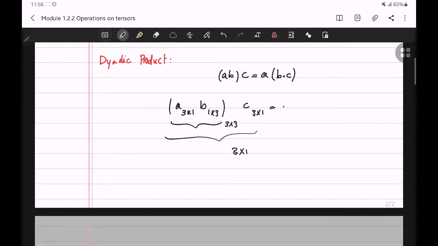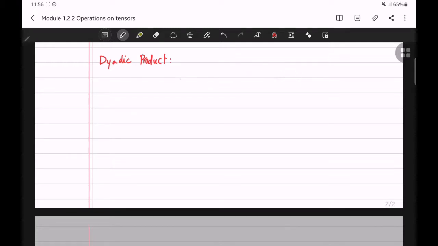And this is a, which is 3 by 1, and you have b · c, which is a scalar, or zero order tensor. So these are equivalent. That's why this definition is true. Let's write it like this: (a ⊗ b)c is equal to a(b · c). Okay, this is the definition.